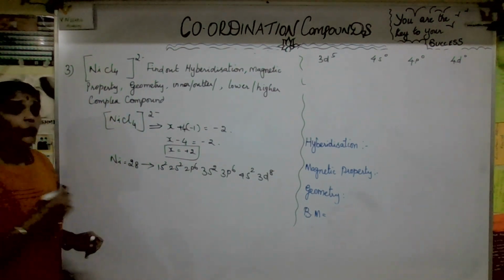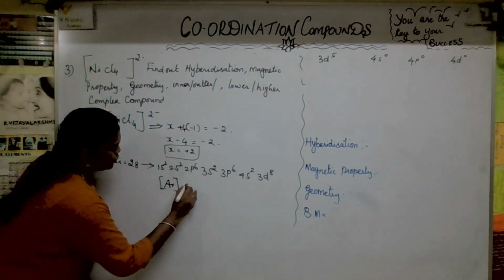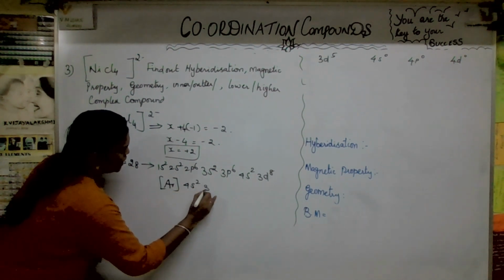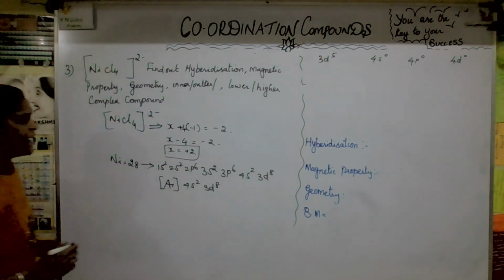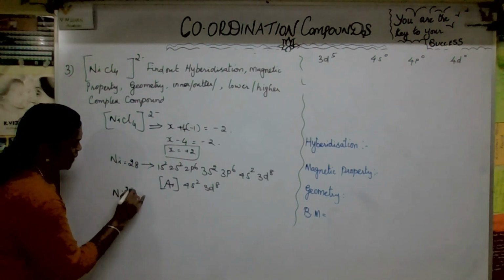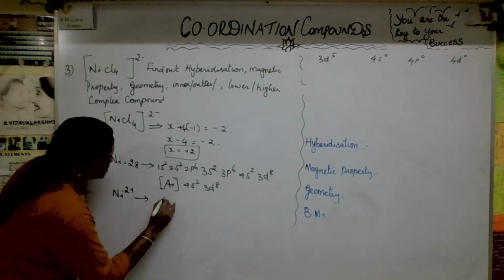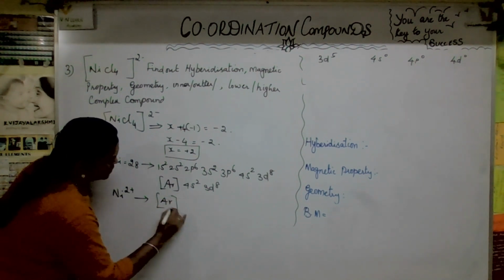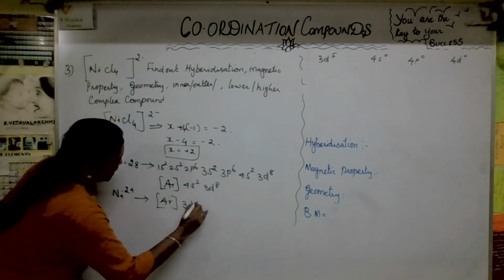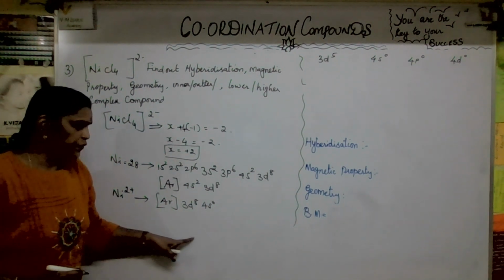Now, we can write it in this way: Ar 4s2 3d8. Now, this nickel, how much is its oxidation state? 2 plus. So that means we have to remove 2 electrons from the outermost orbital. So Ar 3d8, 4s0. Right?